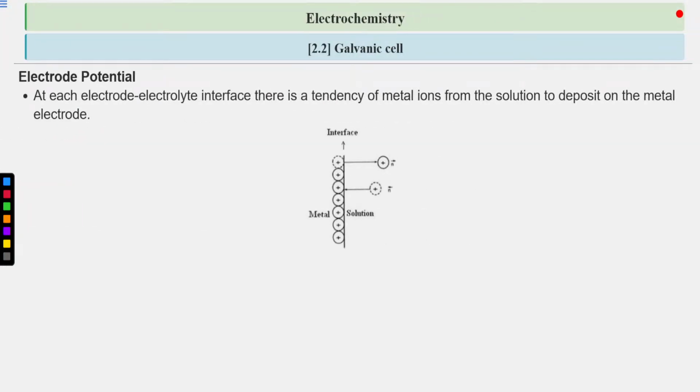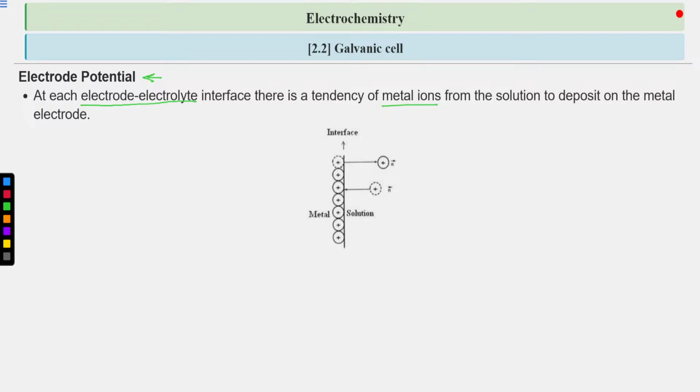Now, under the topic of galvanic cell, let's talk about the electrode potential. At each electrode-electrolyte interface, there is a tendency of metal ions from the solution to deposit on the metal electrode. What we are saying is that the electrode-electrolyte interface is an interface.